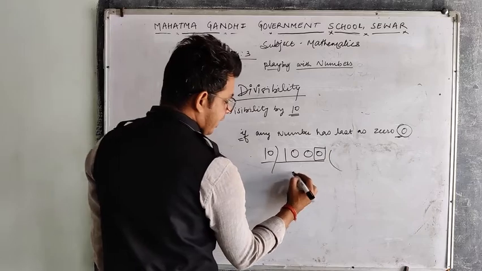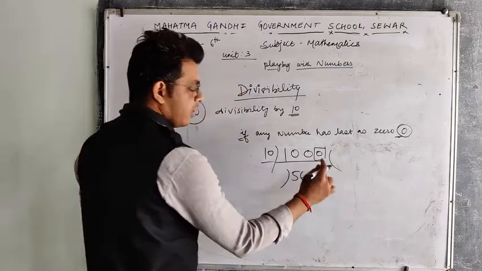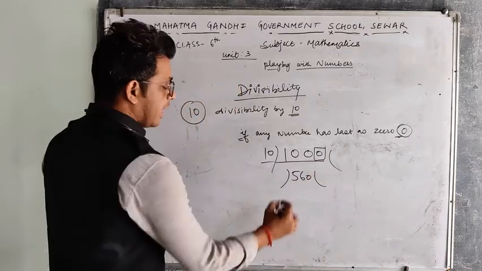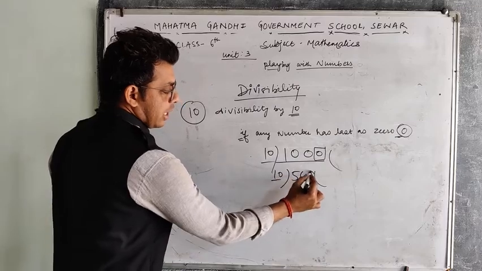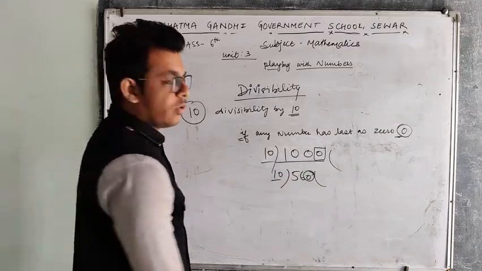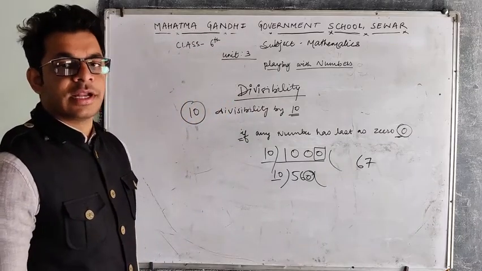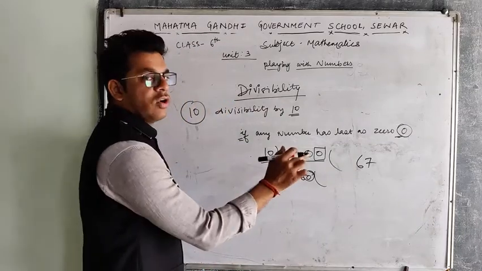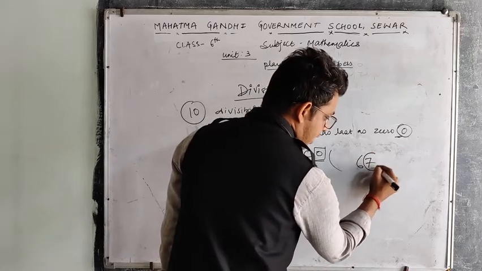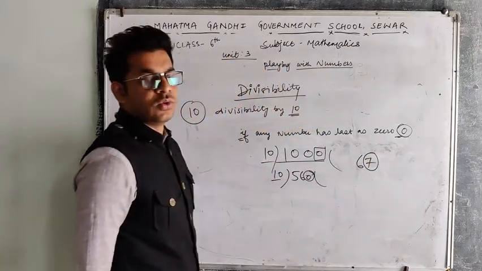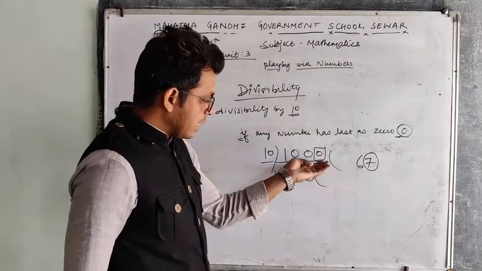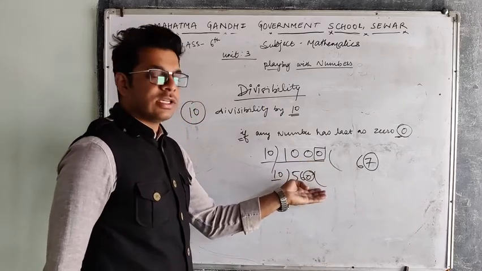If I write 560, it will also be divisible by 10 completely because the last digit is 0. If I write 67, it will not be completely divisible by 10 because it does not have last digit as 0. So we will see directly the last digit of any number.